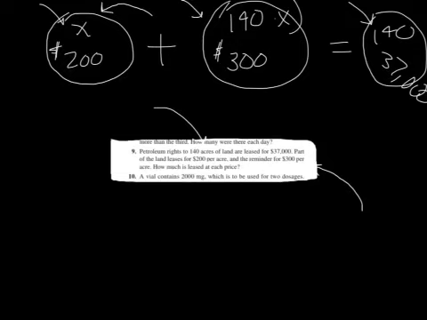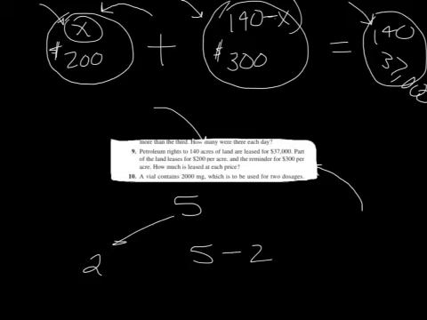Because if the total is 140 and I take out the X, then I'm left with the 140 minus the X. It's just like if you had 5 apples in your hand, a total of 5 apples, and you took out 2 of them, then over here left in your hand, you would have 5 minus 2 left in your hand. You would have 3 apples left in your hand. So anytime you know one thing, the other one has the total minus the one thing in it.